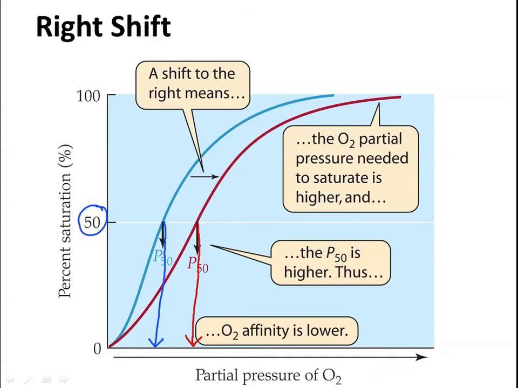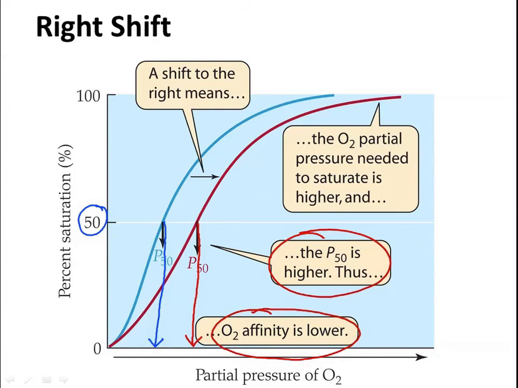So if more oxygen is needed, that means that there's a lower affinity between oxygen and hemoglobin. So a right-shifted curve is indicative of decreased affinity between hemoglobin and oxygen. So in a curve that's shifted to the right, the P50 is higher and the affinity of hemoglobin for oxygen is lower.